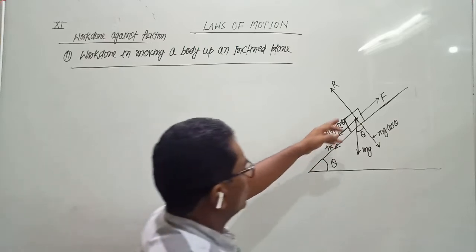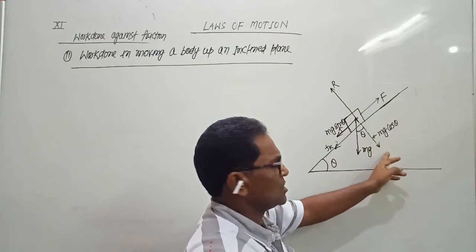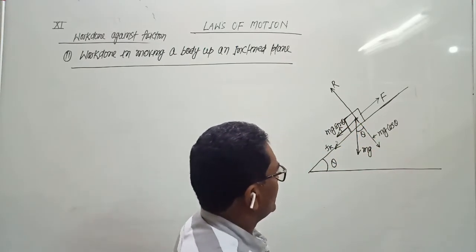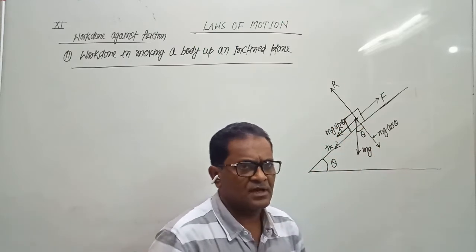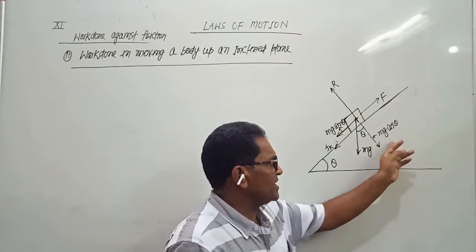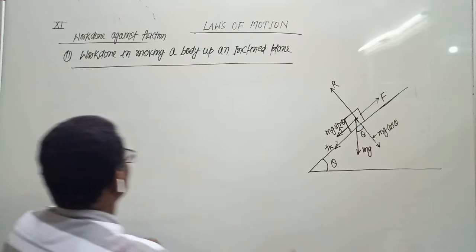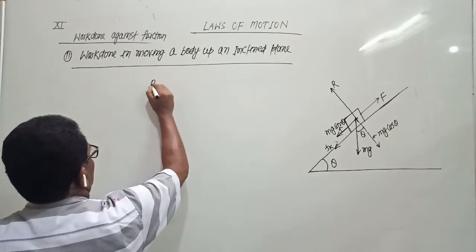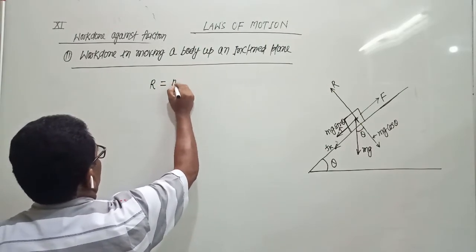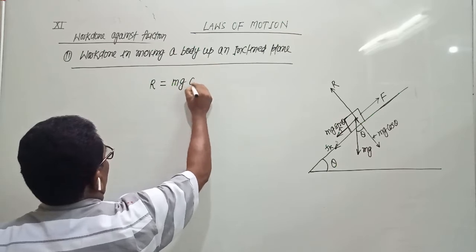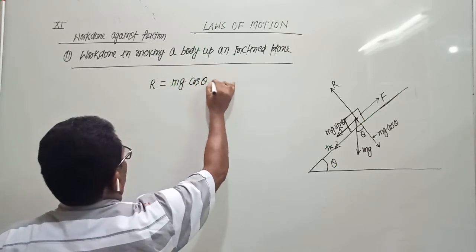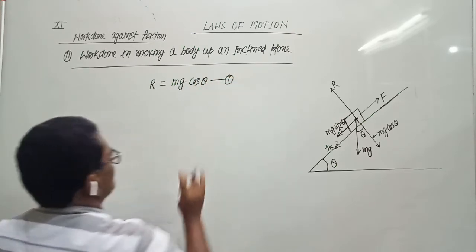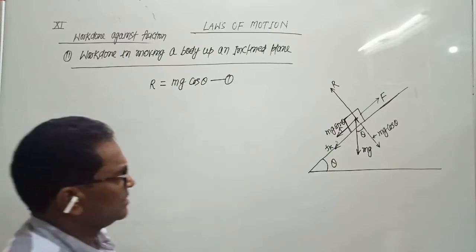So upward force equals total downward force. In the downward direction, the force acting is mg cos theta. So R equals mg cos theta. This is the first equation.